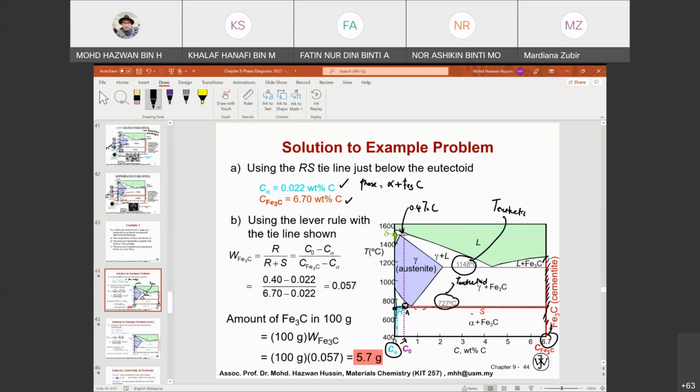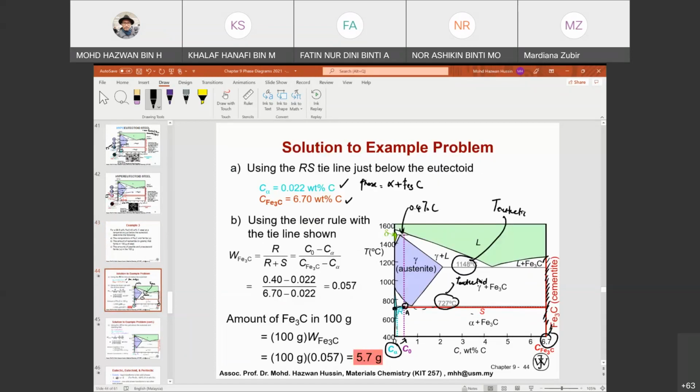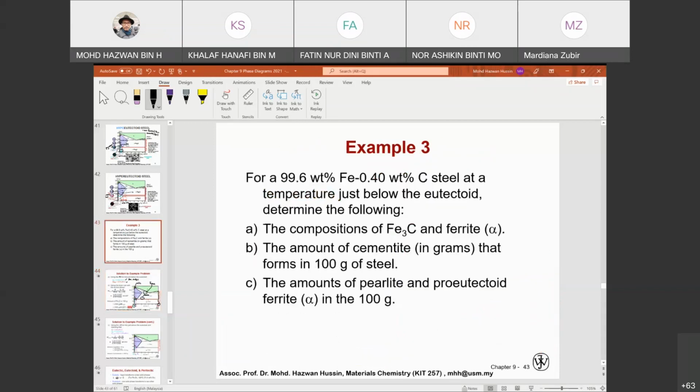So what will be the next question? The next question is actually to identify the amount of cementite in grams that forms in 100 grams of steel. So yang ni soalan dia bagi dalam kuantiti 100 grams of austenite. Okay, so what will be the formation of ferrite and also cementite?